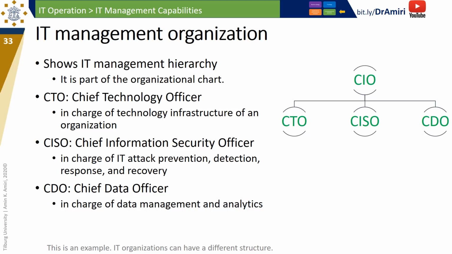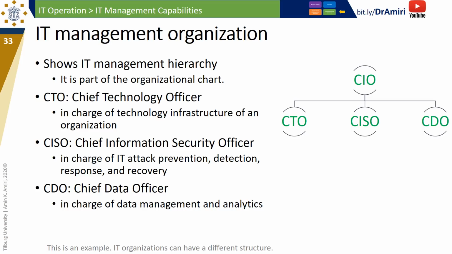The IT management organization shows the hierarchy in the IT department. It's part of the organizational chart that we saw in the previous video. At the top of this IT management organization is the CIO, who usually supervises the CTO, CISO, and CDO.